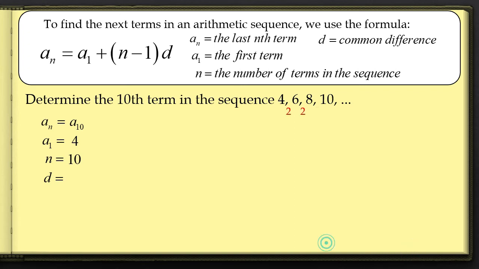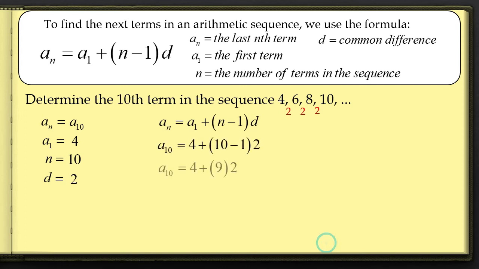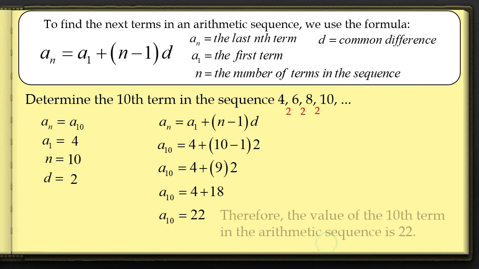For the common difference, we have 2. Now, let us substitute and simplify. Therefore, the value of the 10th term in the arithmetic sequence is 22.